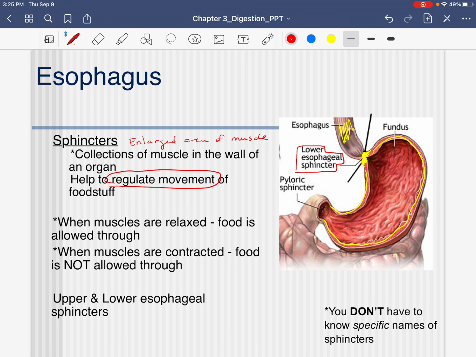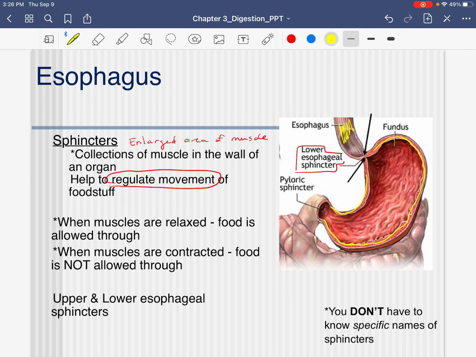And when these muscles are contracted, it blocks food. So food cannot get through. So this is how the sphincters regulate. They can stay contracted and they can prevent food from going down. So for example, if you are not swallowing, this sphincter is going to be closed.